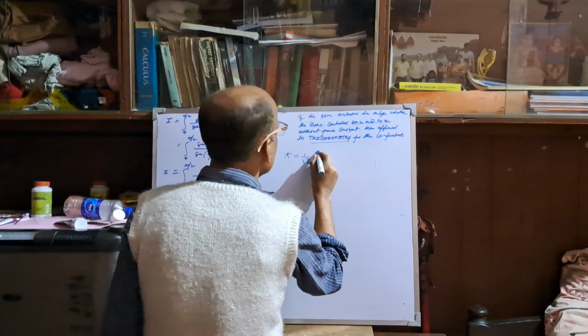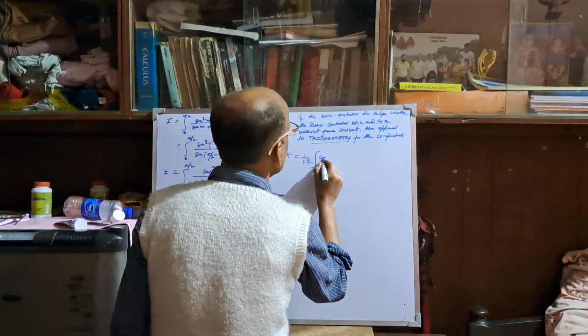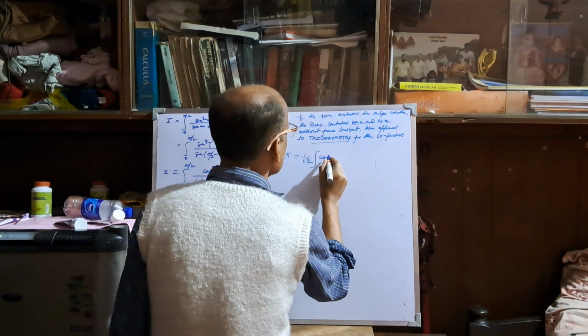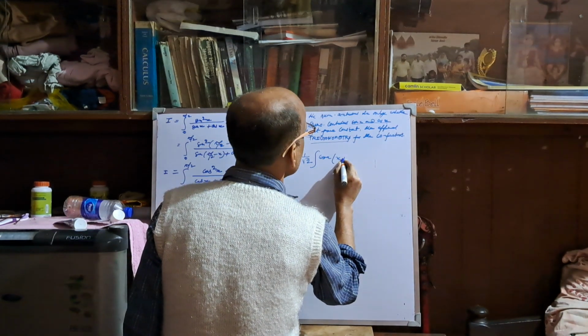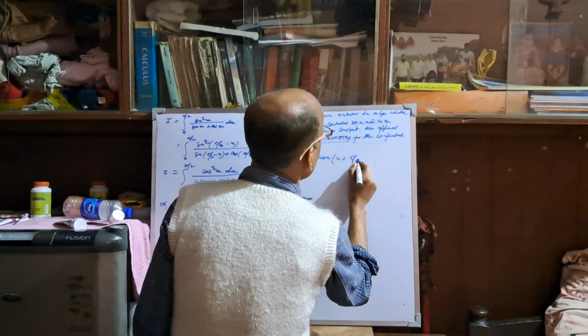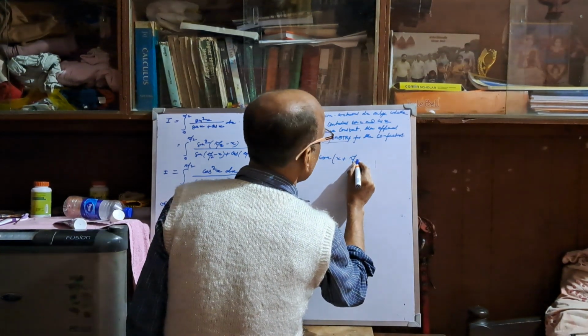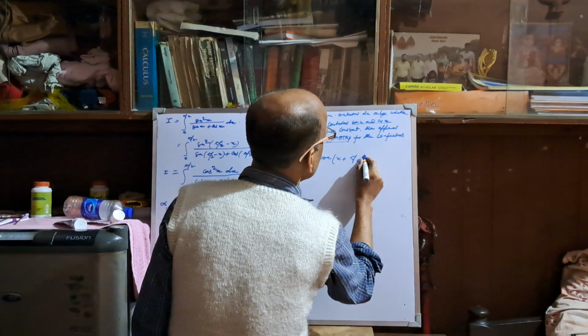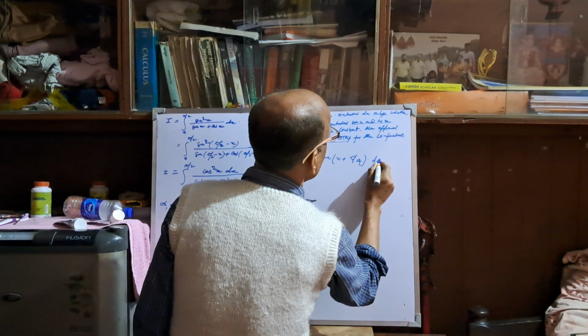and this will be cosec x plus pi by 4. I got it. Okay, theta value I have got pi by 4.